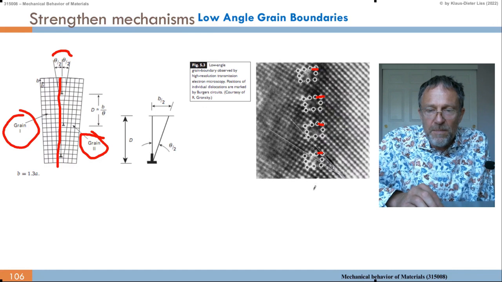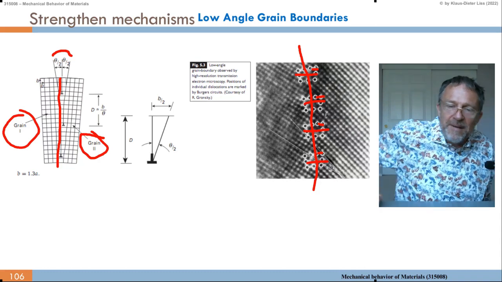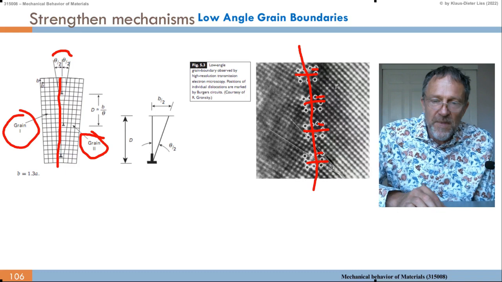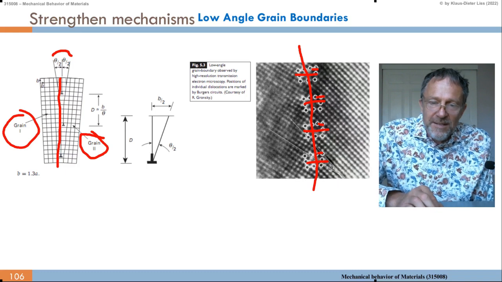So we know there is this regular arrangement of dislocations here and there and there and there. You see nicely they form a wall, of course not 100%, because there's still this little energy to overcome, but more or less straight, 90 degrees above each other.